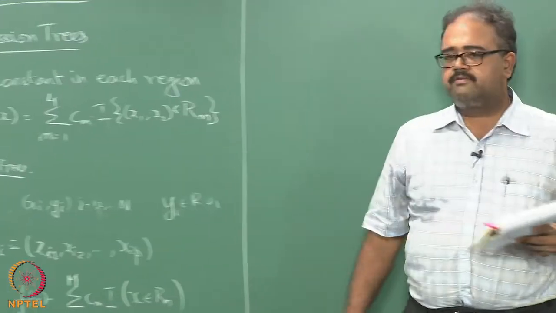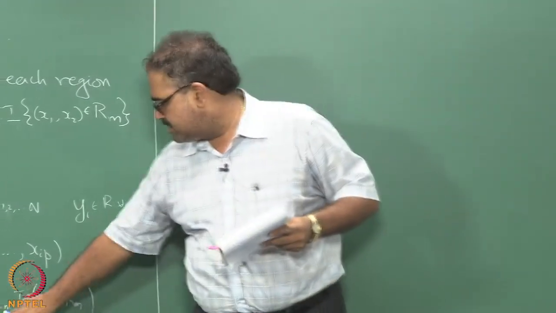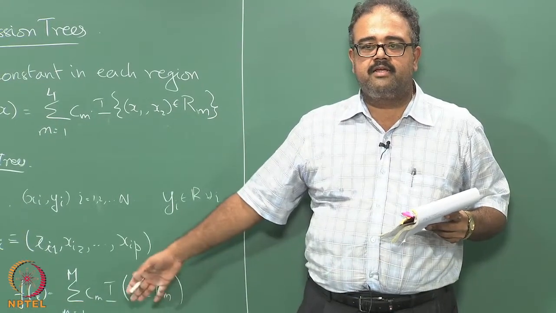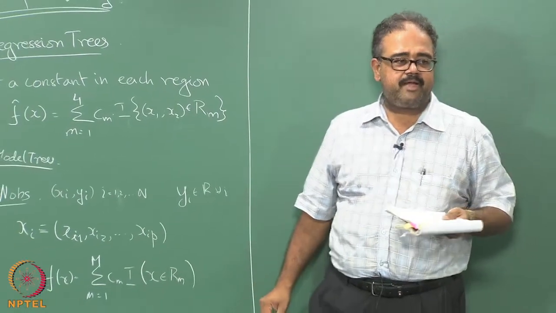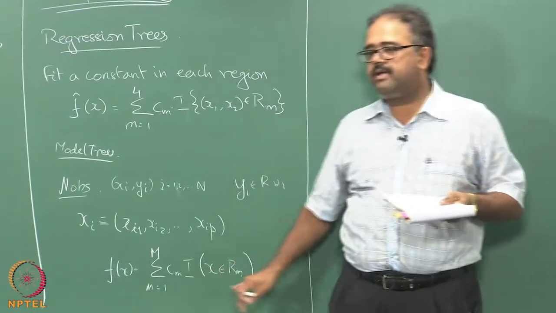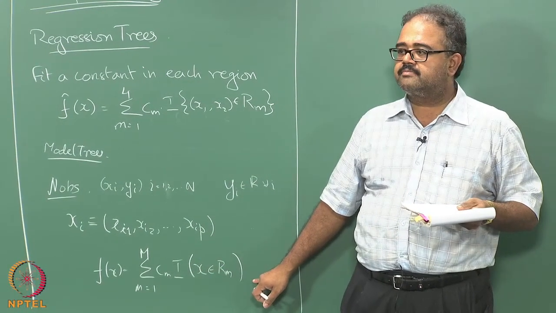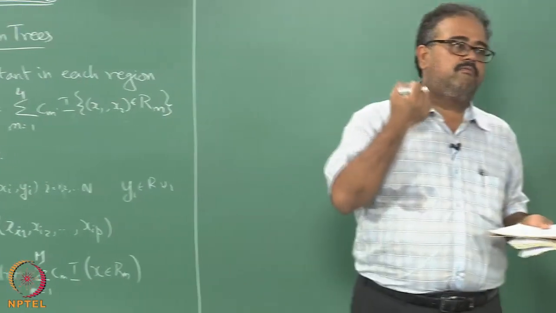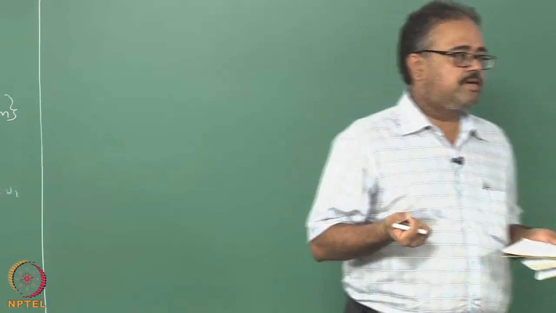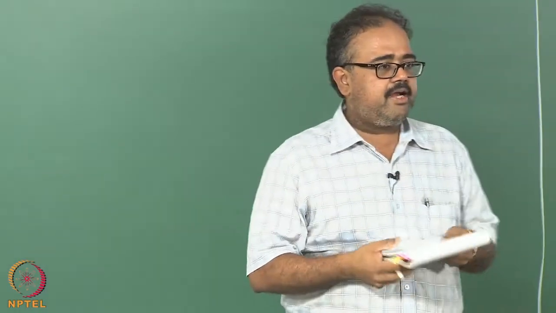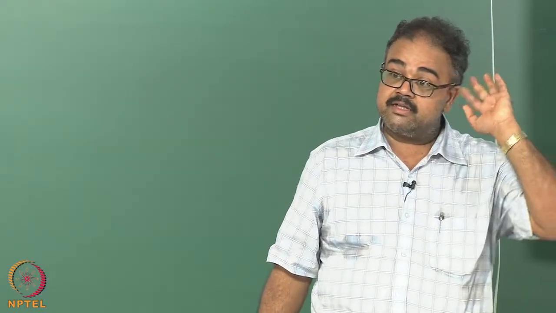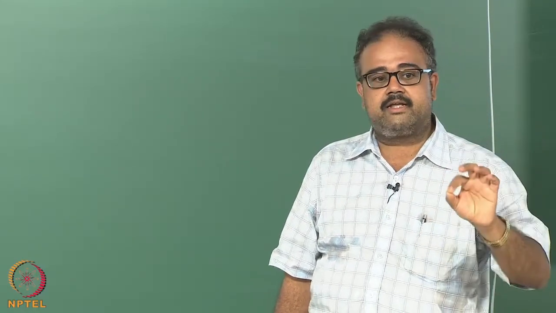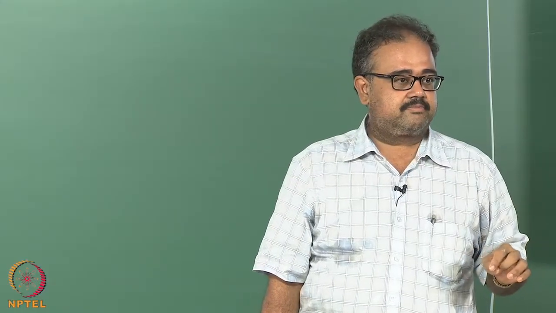So the function that we are trying to learn is Cm and Rm, right. So the set of parameters that we have to estimate are Cm and Rm, correct. So we need to know where are we splitting, how are we splitting the region, and having found the regions, what is the constant that will fit within that region, okay.